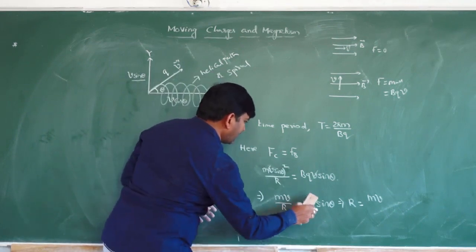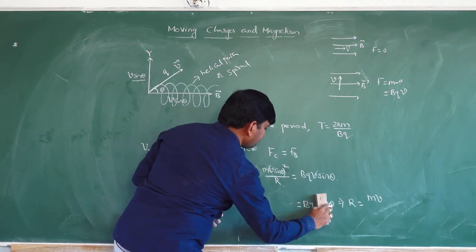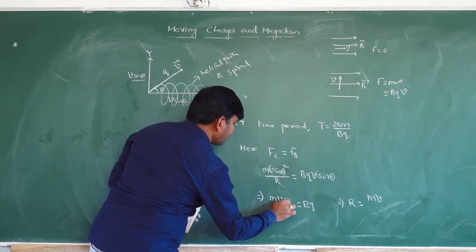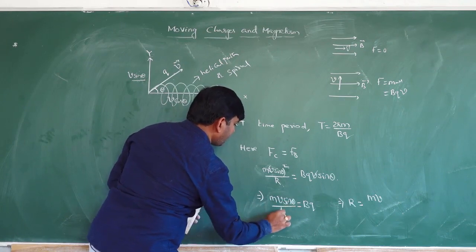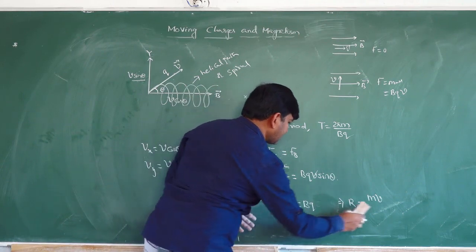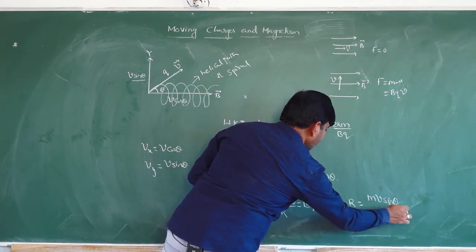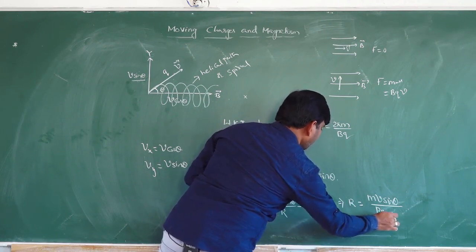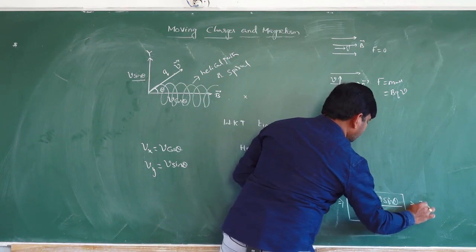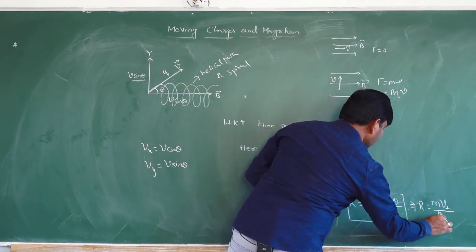Here one V sin theta will cancel and we are remaining with m into V sin theta divided by r is equal to BQ. This implies r is equal to mv sin theta divided by BQ, or simply I can say that r is equal to m into V perpendicular divided by BQ.